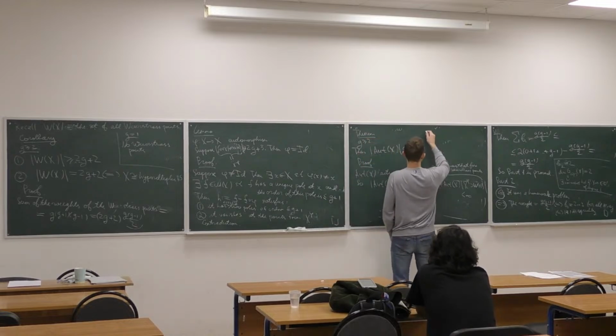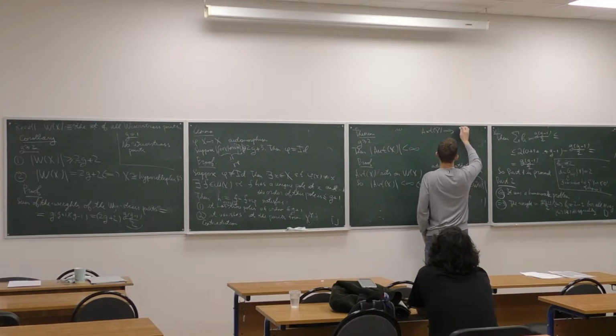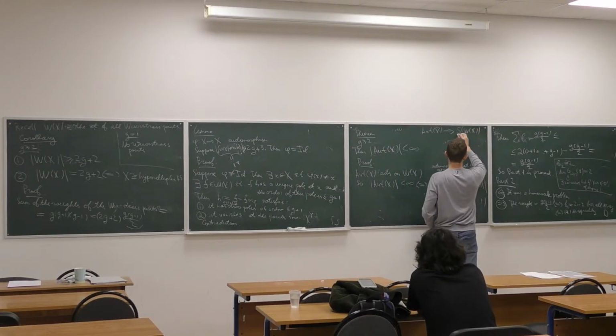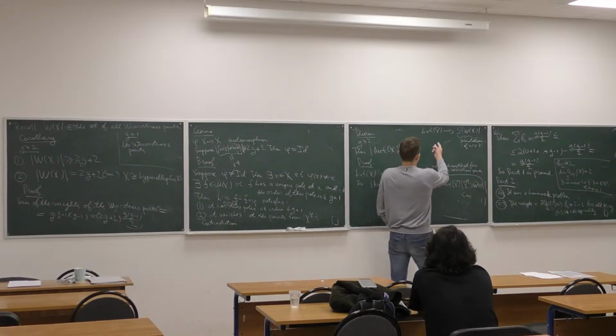So this means that you have a homomorphism from Aut X to the group of permutations of W_X.